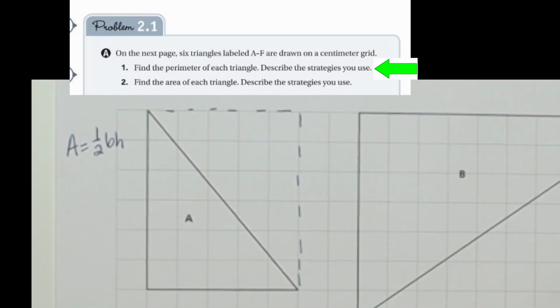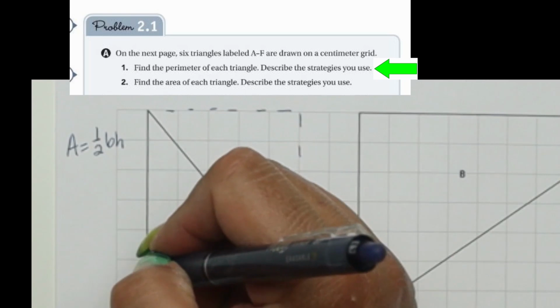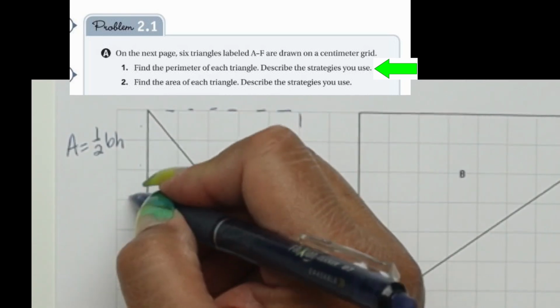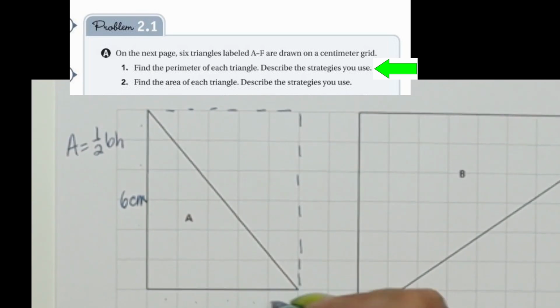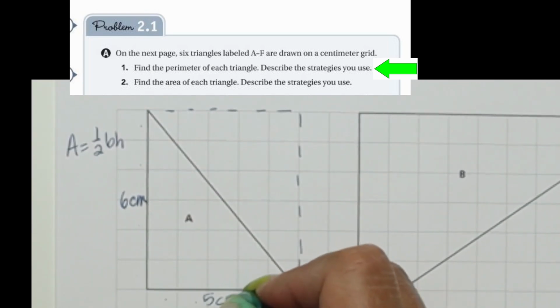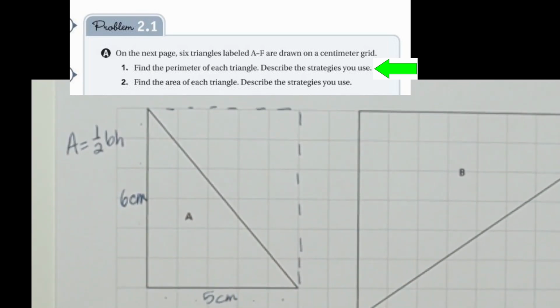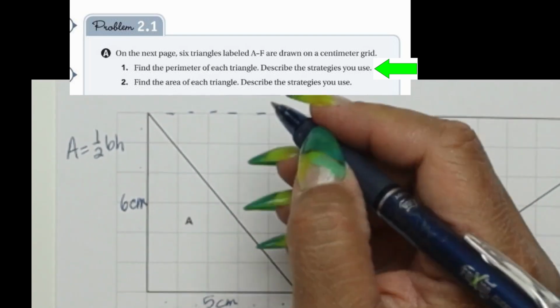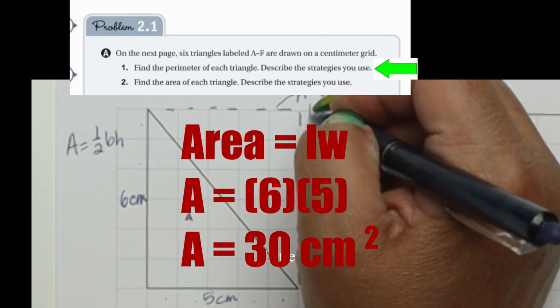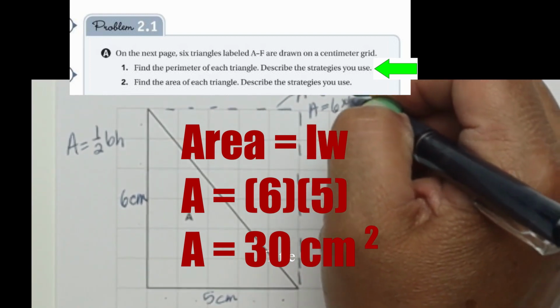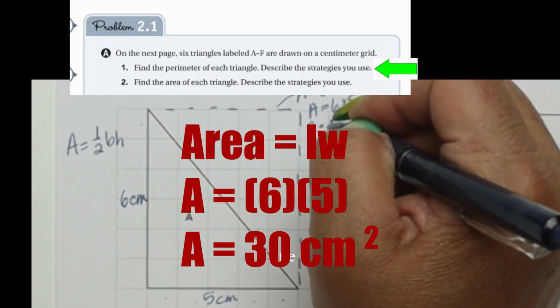we can find the area of a rectangle, which is 1, 2, 3, 4, 5, 6. This is 6 centimeters, and this is 1, 2, 3, 4, 5 centimeters. If you were to find the area of a rectangle, area equals length times width, area equals 6 times 5, area equals 30.